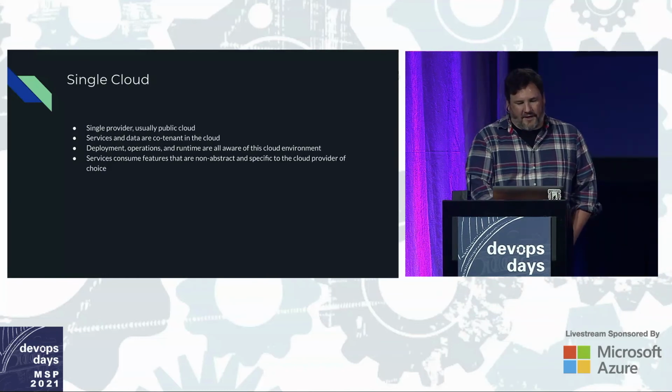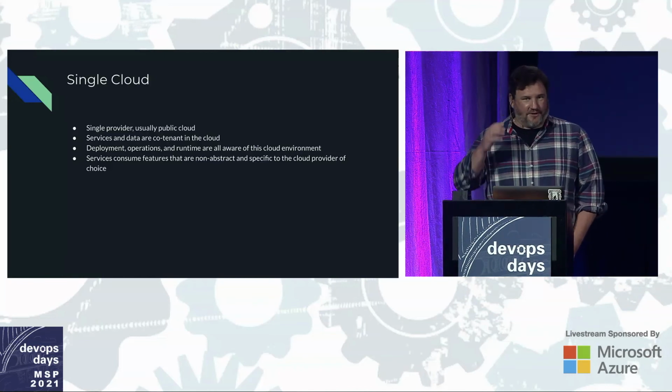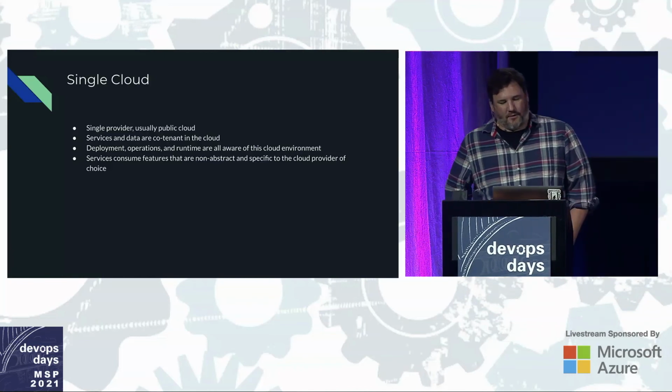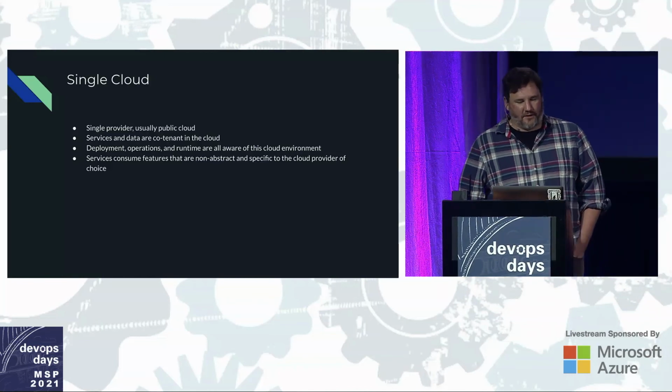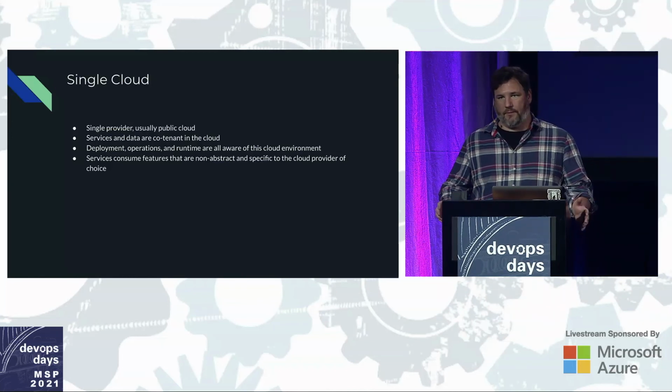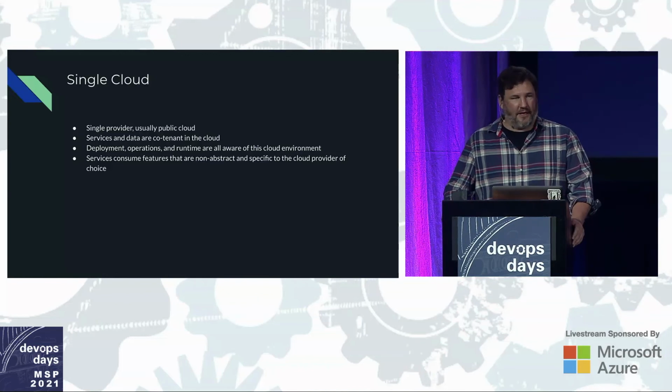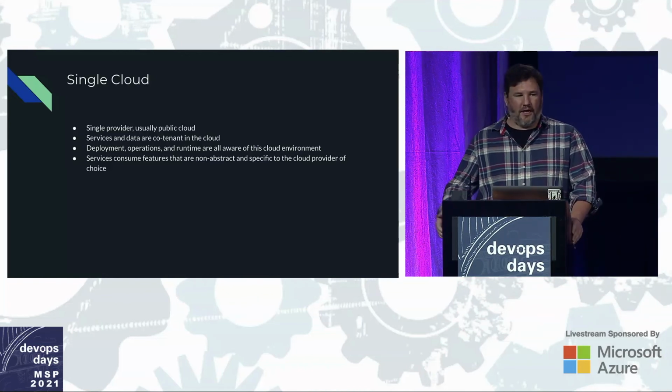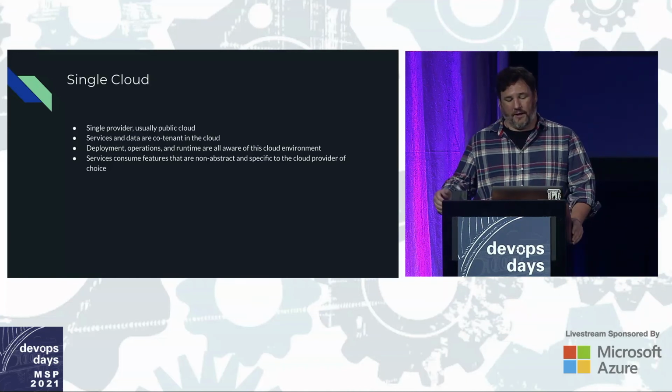So next thing I want to talk about is a much simpler matrix, I think very easy to understand. This is what we can call single cloud. A single cloud environment is, regardless of the public cloud or private cloud environment that you're running in, essentially one where your workload tenants, your workload and your data are co-tenant with one another inside of the same cloud.